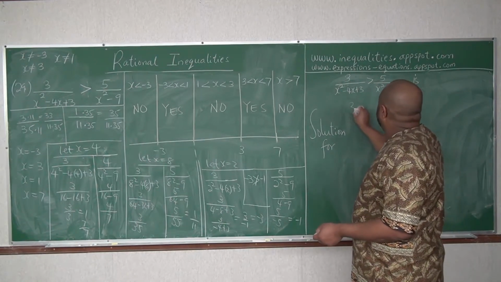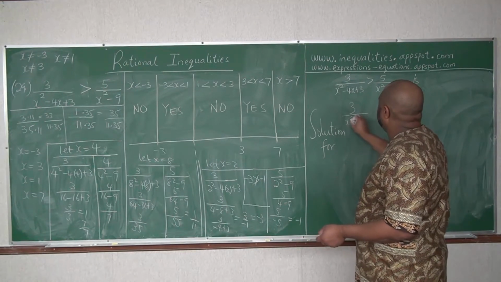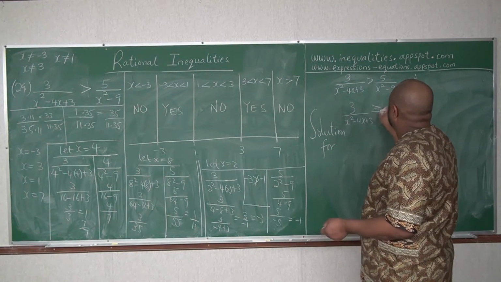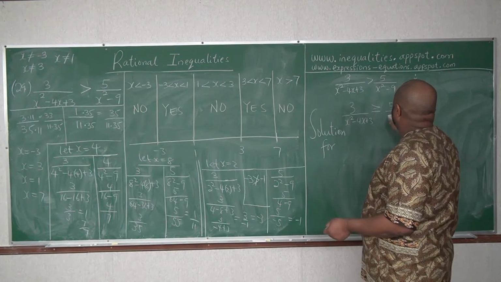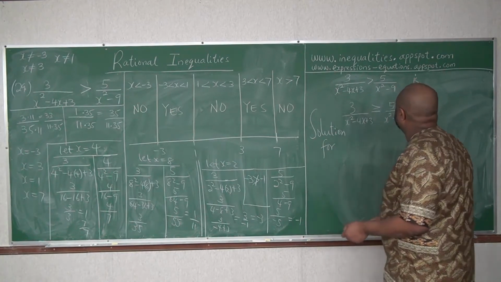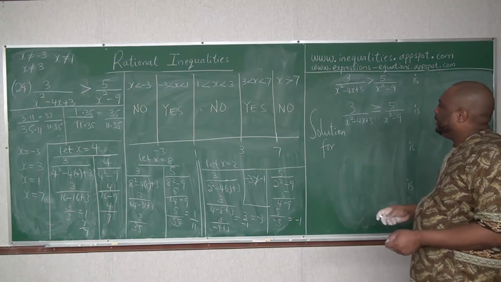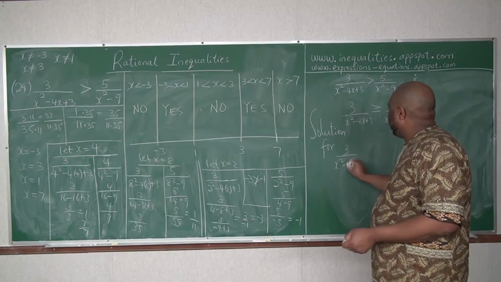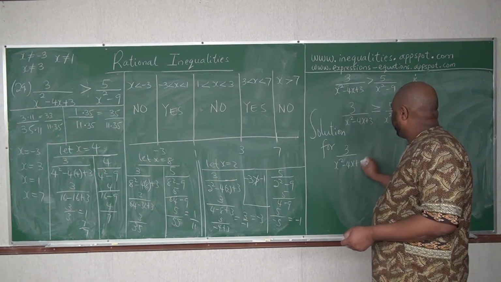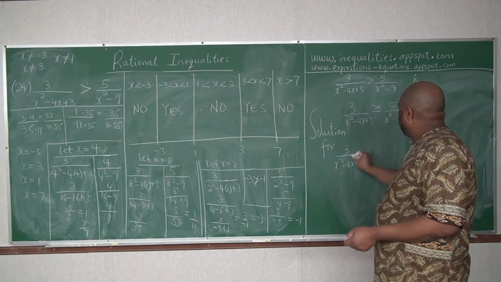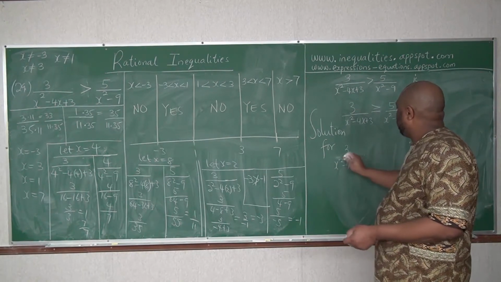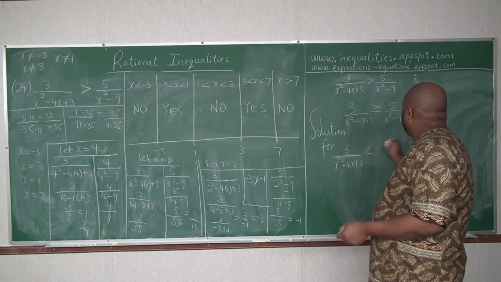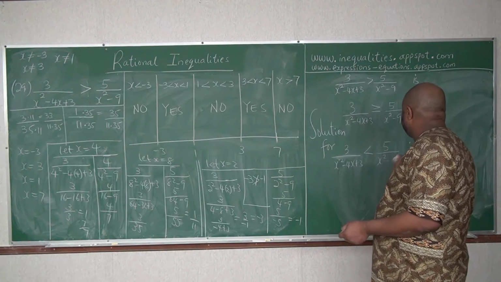Then 3 over x squared minus 4x plus 3 greater than or equal to 5 over x squared minus 9. Then 3 over x squared minus 4x plus 3 less than 5 over x squared minus 9.